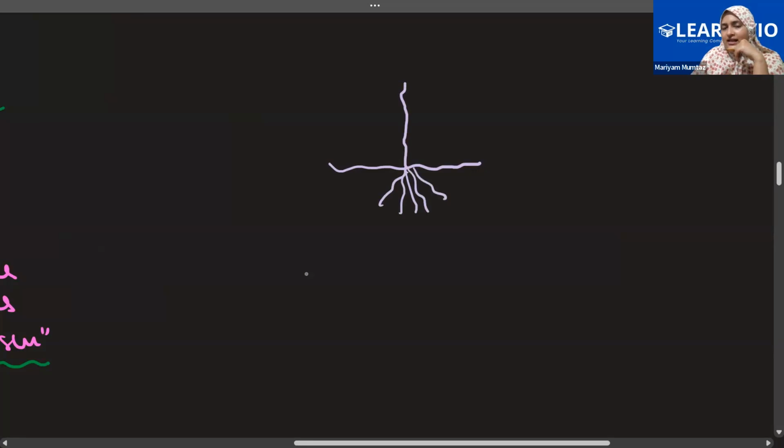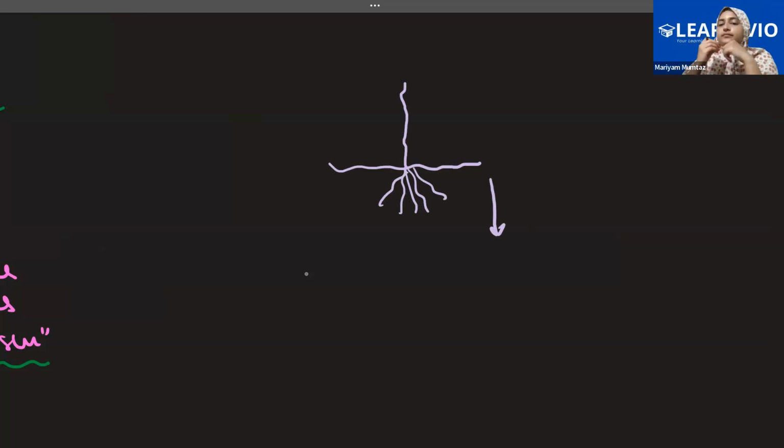Now tell me, is there any exception to this? Like the roots, where would they grow? Would they grow downwards or would they grow upwards? Downwards. Okay. Now, is there any stem that grows downwards? No. Okay, keep this in mind.